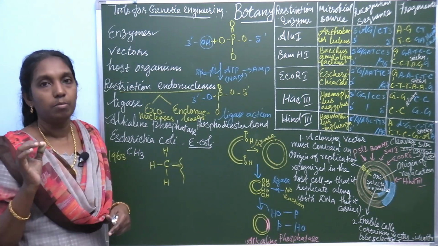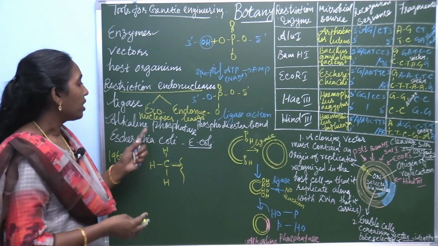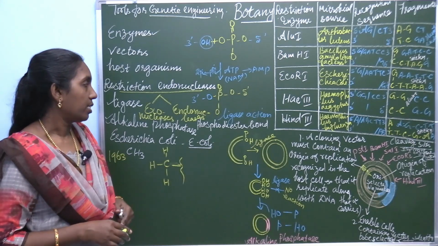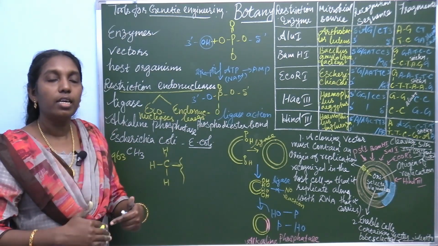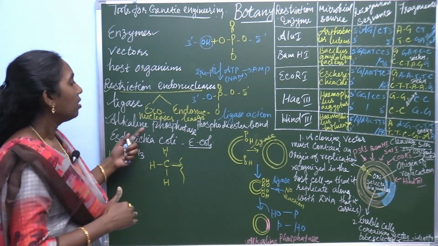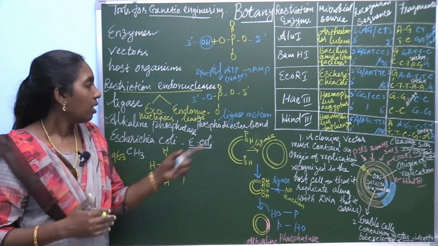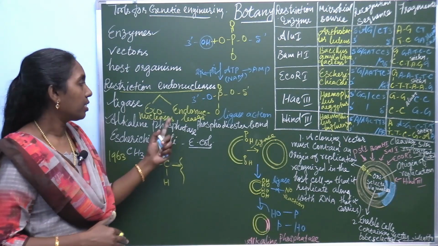Examples of exonucleases are Bal 1 and exonuclease 3. Endonucleases cut within the DNA sequence, internally, inside the phosphodiester bond.